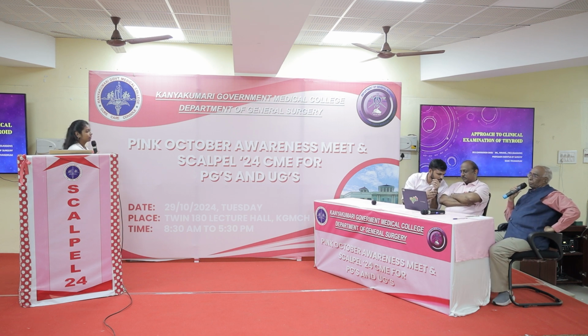How do you proceed? First we do investigations. First is thyroid function test, in which we see free T3, free T4 and TSH levels. Next we do a USG neck, an X-ray neck, and we can do indirect laryngoscopy in ENT examination.